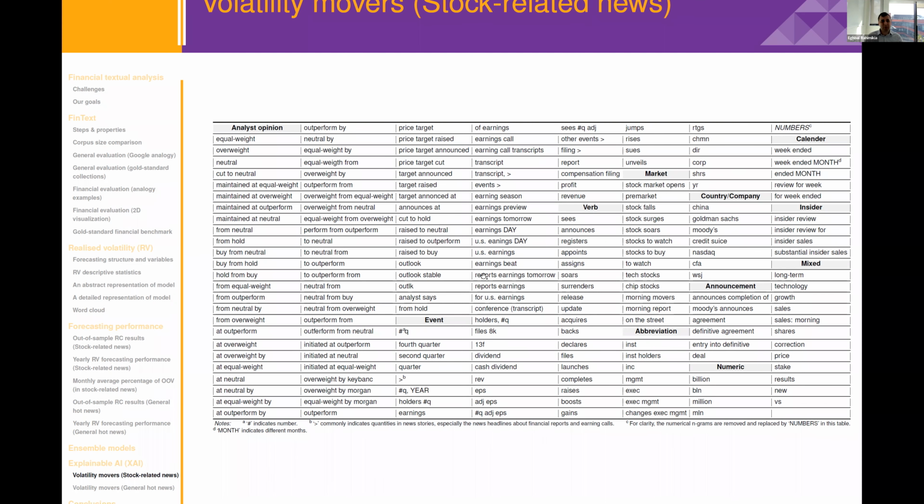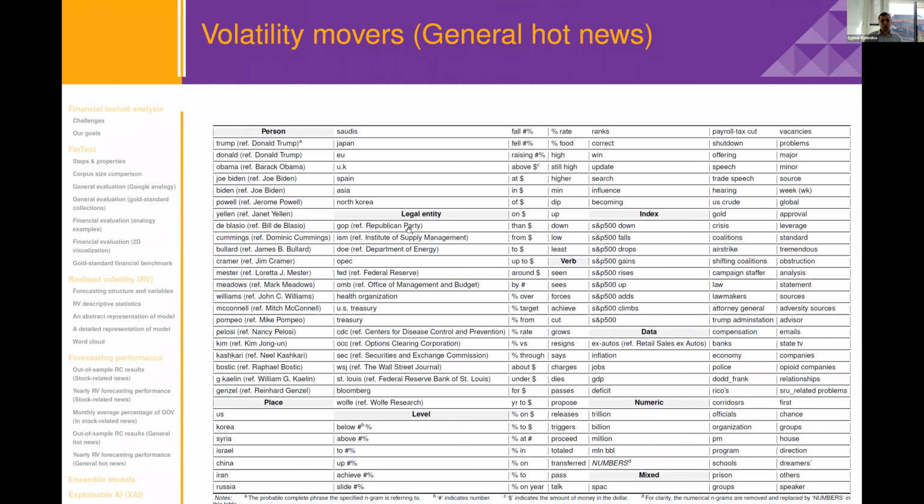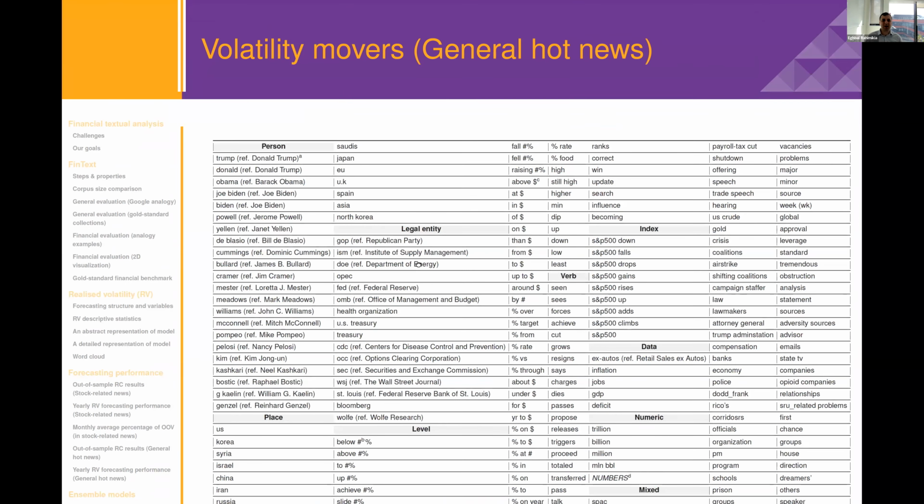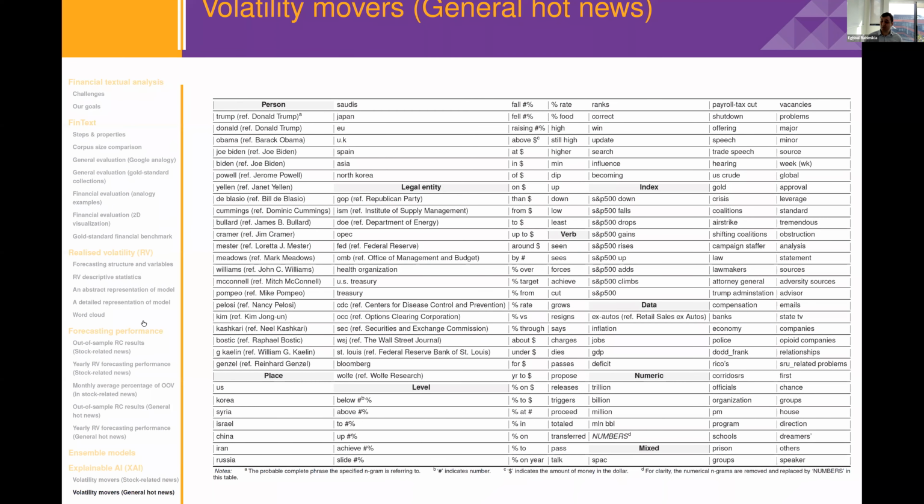When we move to the next group, for volatility movers of the general hot news, person names come on top: Trump, Joe Biden, Powell, Yellen, Fed people; Kramer, a personality like the presenter on TV. So it's quite interesting to see his name here. Meadows and the other people you see here.